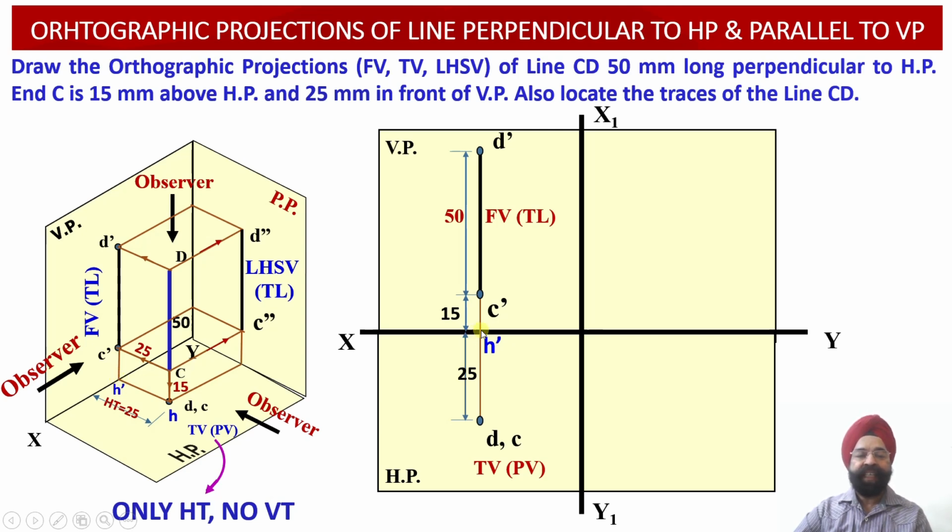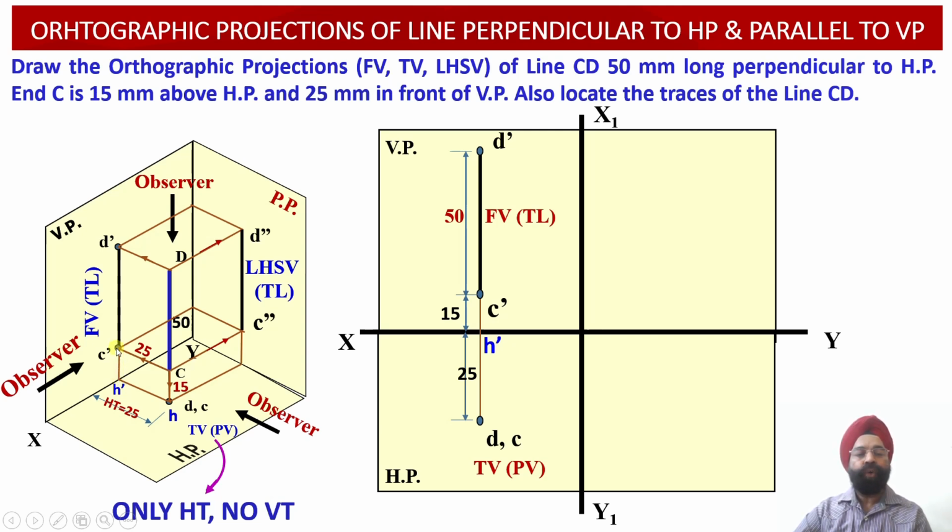Whereas here in the orthographic projections, we do not have the 3D coordinates of this particular line available with us. So what we do, whatever front view projections are available, C dash D dash, we will be extending these projections such that this front view elevation projection should itself intersect with the XY reference line, or its extension should intersect with the XY reference line.